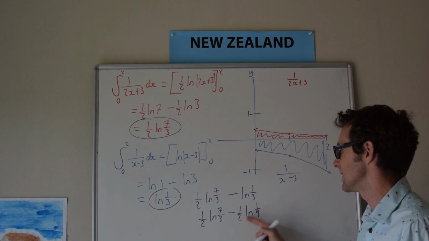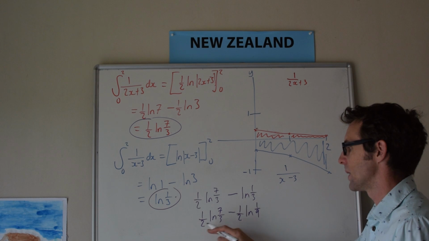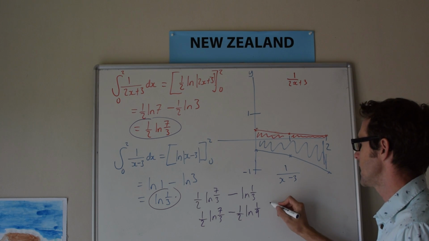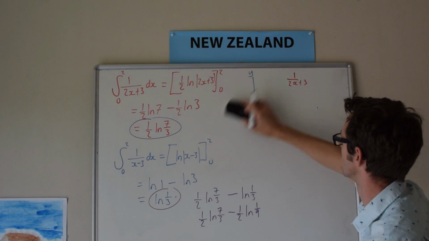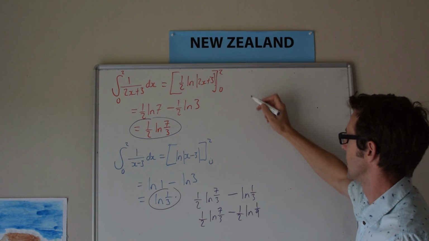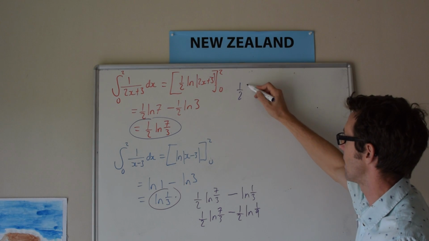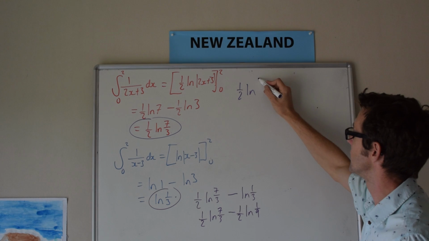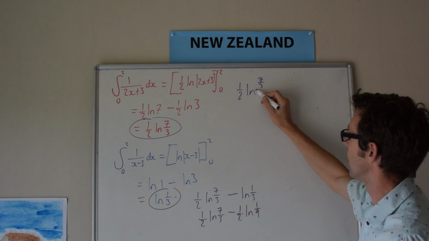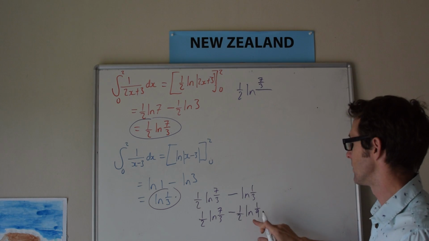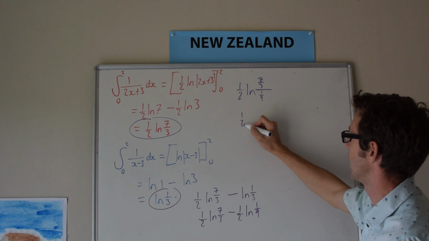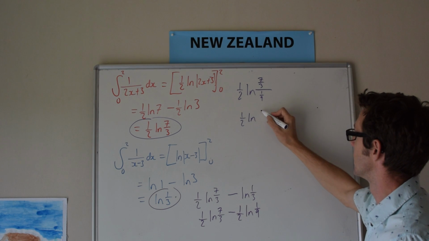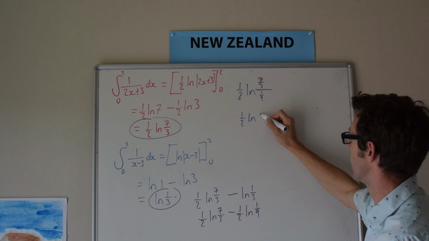Okay, so this is the same as this, but now that we've got this half here, we can say, maybe I'll make a bit more space up here, that that is equal to 1/2 ln 7/3, using our log rules, divided by 1/9, which is 1/2 ln 21.